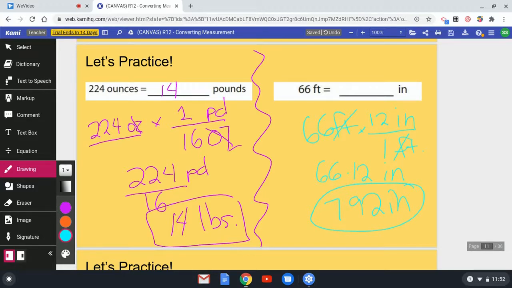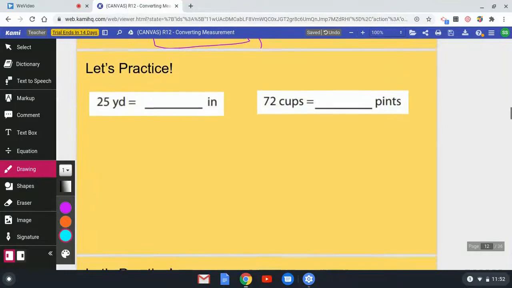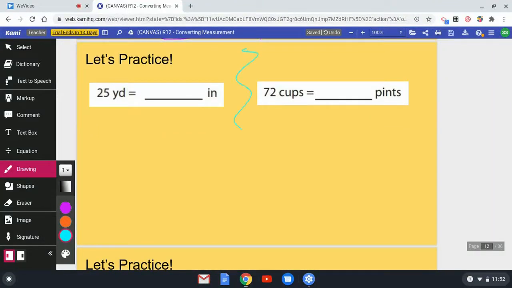Okay, so let's try our next one. I'm going to split it down again so we can see. All right, I have 25 yards, so I'm going to start with 25 yards times, put inches up here, yards down here. Look at your chart. What do I know about inches and yards? I do.